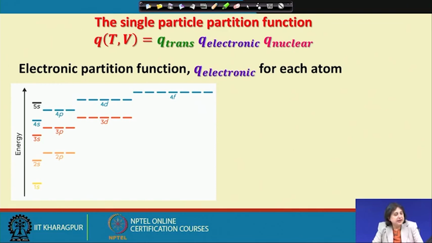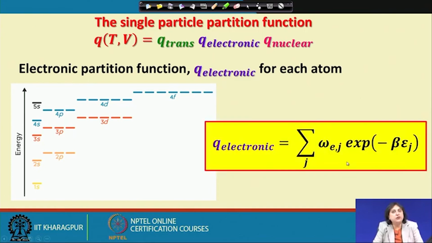So, here is an example where, for a given value of energy, the system can have many different solutions, and therefore, instead of summing over the different energy states, one tries to sum over different energy levels.